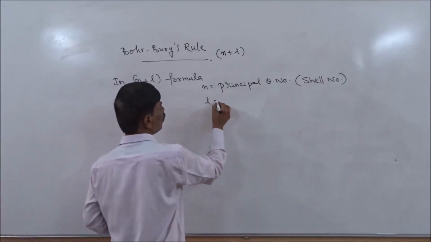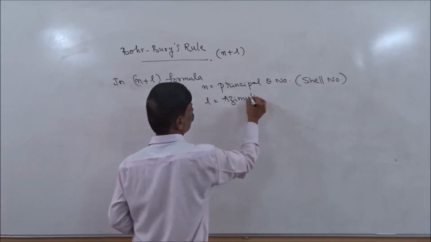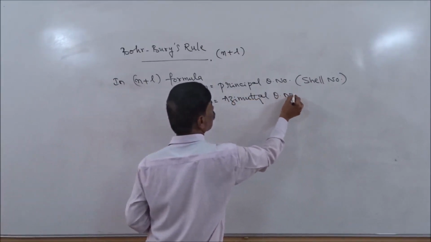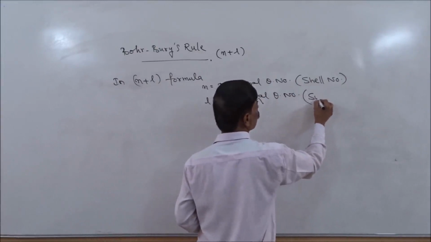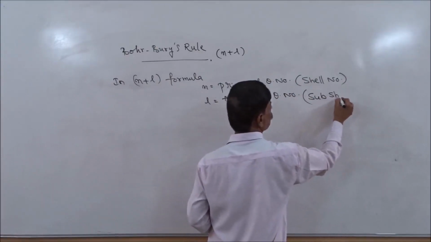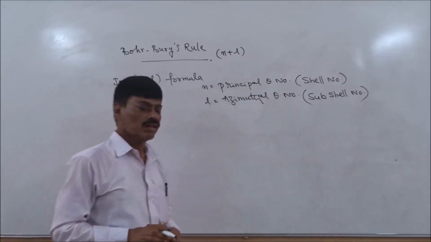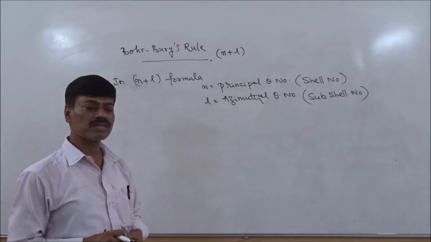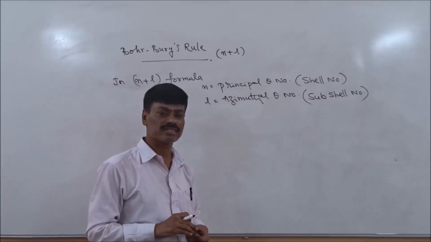L stands for azimuthal quantum number. This refers to the subshell number. That means electrons are there in the subshells, and these subshells are located in the main shell.